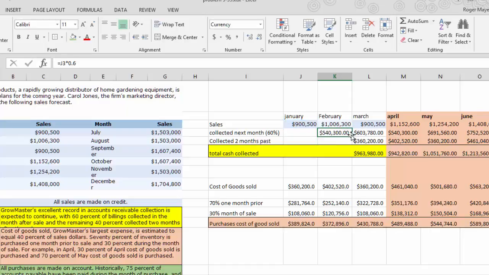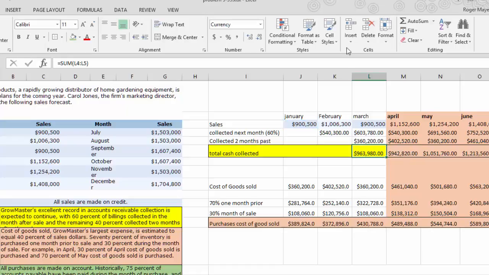And then if you simply scroll this across, what you see over here is we are going the prior period, and so the 40% is coming 2 months later. So we have 40% times the 2 month period. So in March, we're collecting 40% of January sales of $900,500.